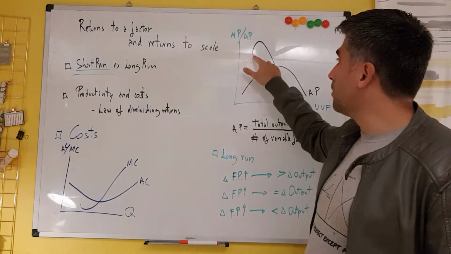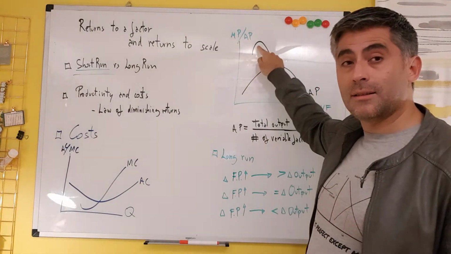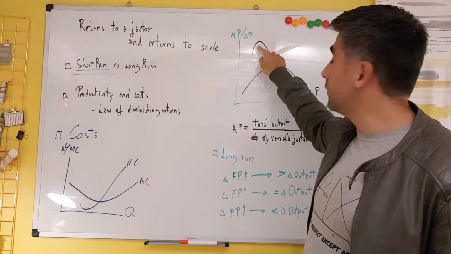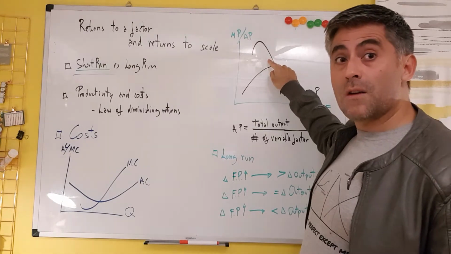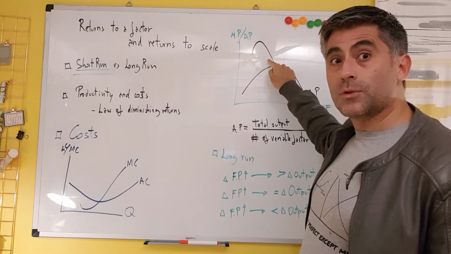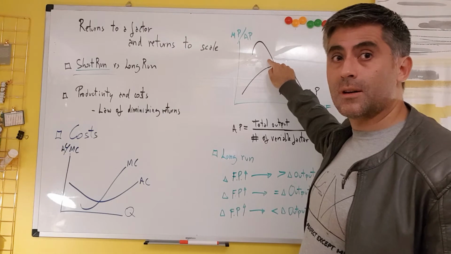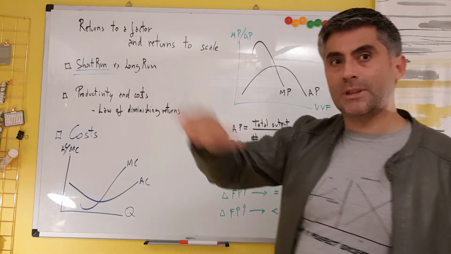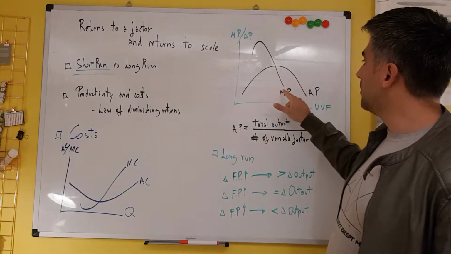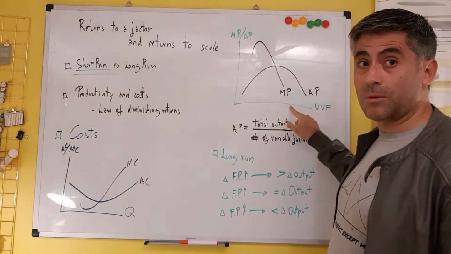So again, we employ people up to the point where we have 5 people on 5 computers. We employ some more, and the output starts diminishing. However, they're still sharing computers, so output is still being produced. Total output is still increasing, and total output will increase until the marginal product reaches 0.